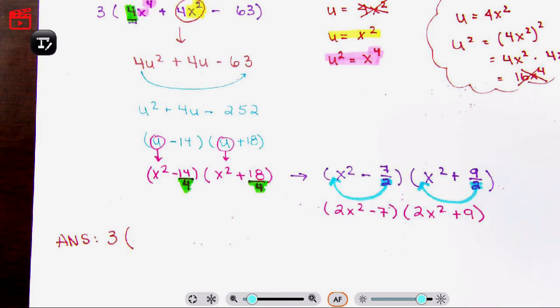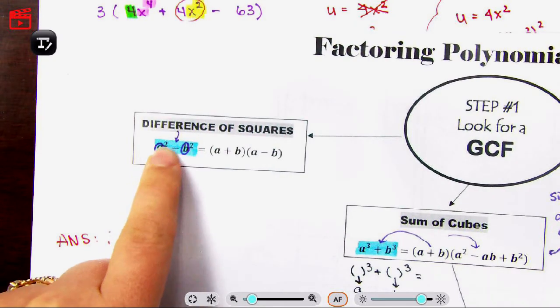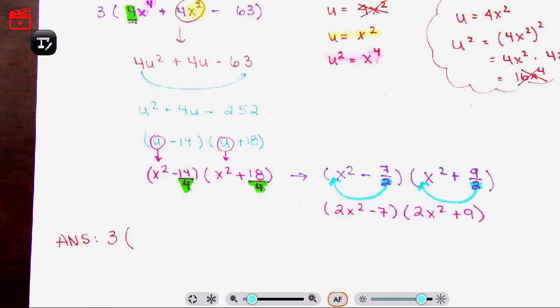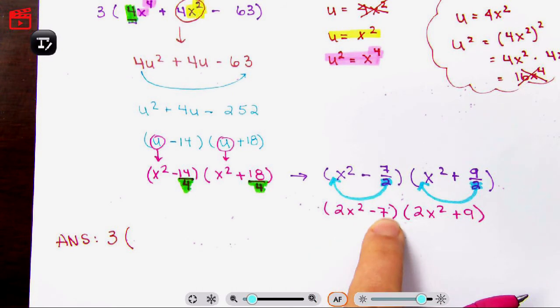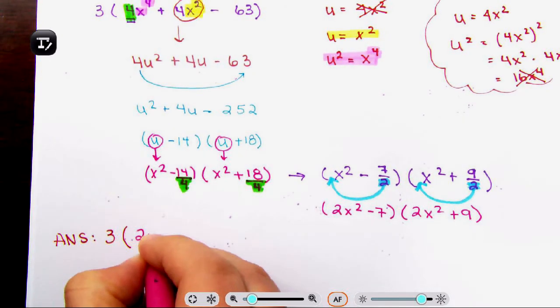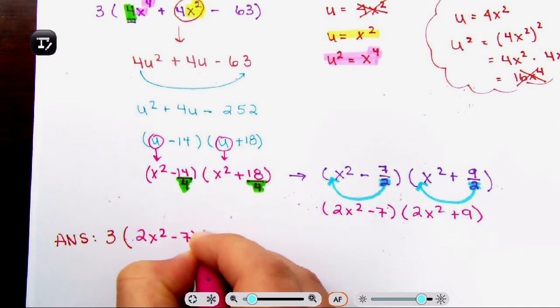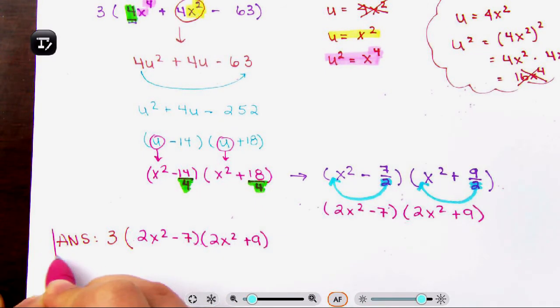I have it in front of me, you guys, always. Difference of squares. I have bubble squared minus bubble squared. I need to check if that can happen. I can't have a bubble squared here because of the 2. 7 can't be squared. I mean, you can, it's just not going to be pretty, so we're not going to do it. Same thing here, but we have a plus here, so that won't work. So then we're going to bring these over. And this is our final answer.